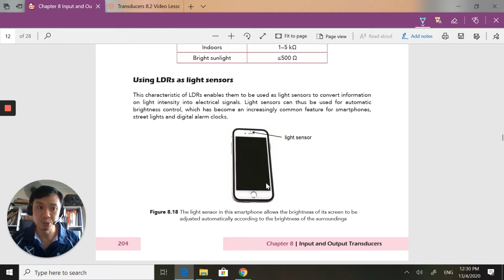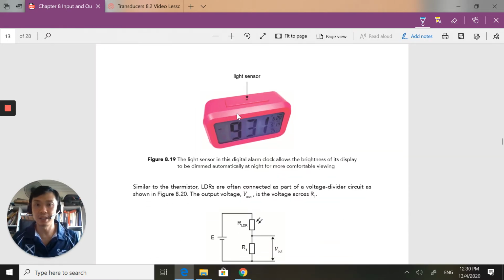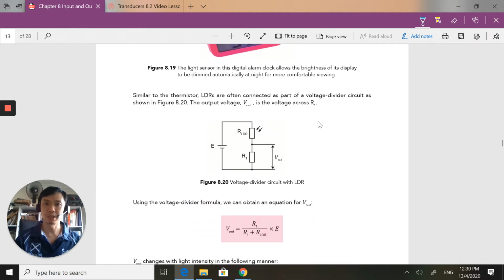In a dark room, the light intensity of your screen, as compared to a very bright environment under the sun, changes as well, to tune the brightness to suit your eyes, so that it's easy for you to see what's on the screen. Alarm clocks too. These are just some examples. LDRs are used in a whole host of electrical appliances and components.